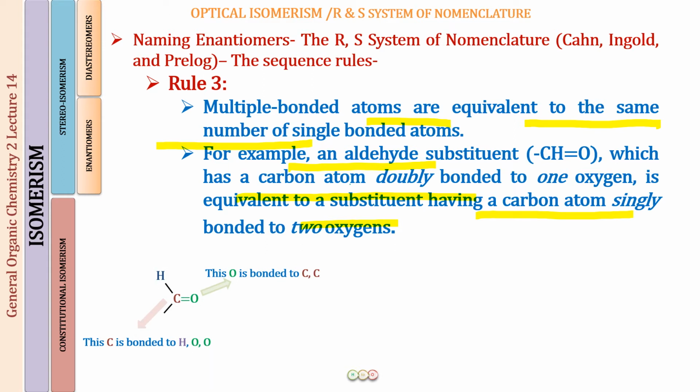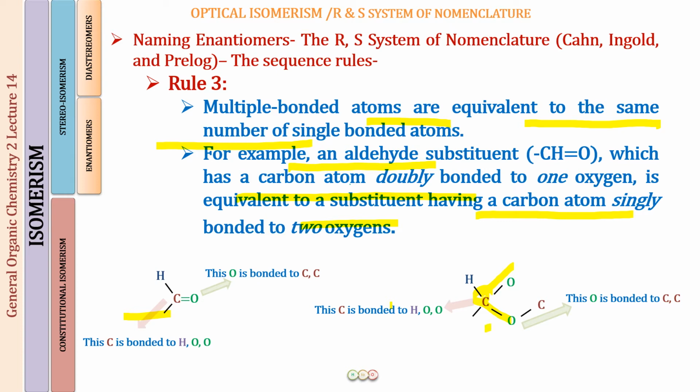So look over here. So here we have the CHO group, the carbon double bonded to oxygen, and then we have just simplified this. This is the carbon of the CHO group. Now this is forming two single bonds with two oxygen atoms.